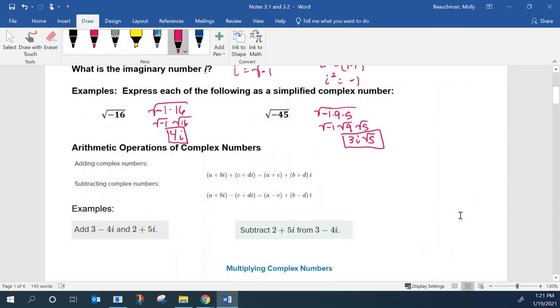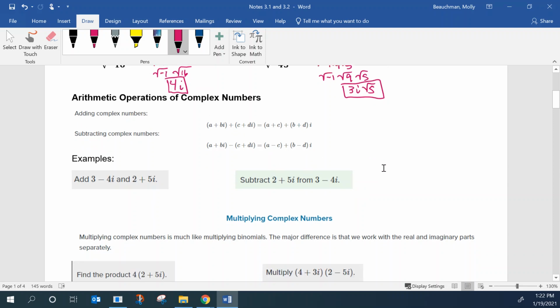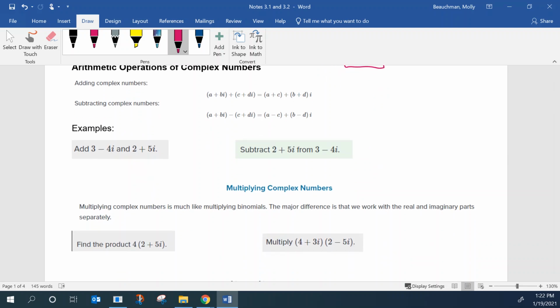All right, arithmetic operations. We can add and subtract complex numbers. Treat these like you would any variable. Add together a plus bi and c plus di: we add together the real parts, a plus c, and then add together the imaginary parts, bi plus di, so b plus d. Just think of it as adding like terms.